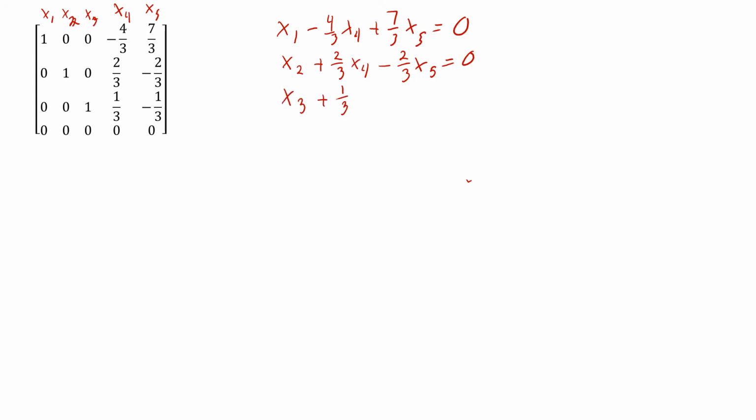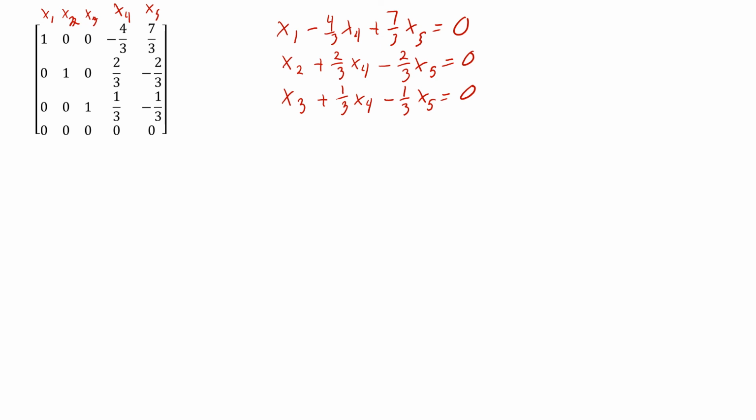So this is the equivalent of the equations x1 minus 4 over 3 x4 plus 7 over 3 x5 equals 0, and so on down the matrix. And then we have our third equation, and our bottom row actually is all zeros, so we can ignore it. But that's our starting equations.